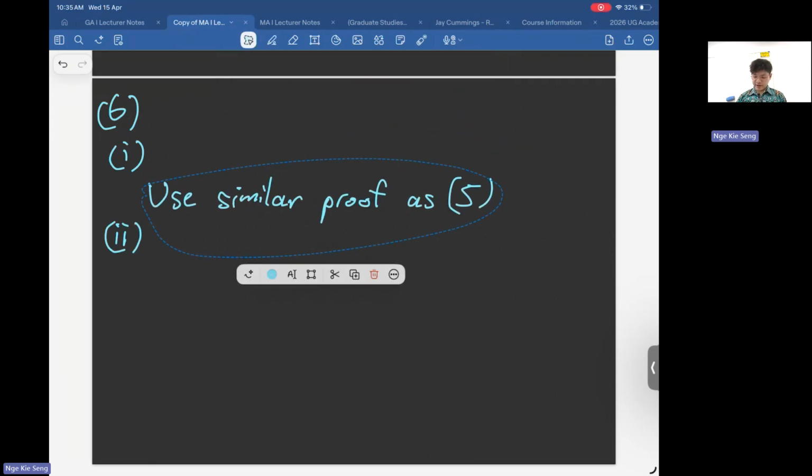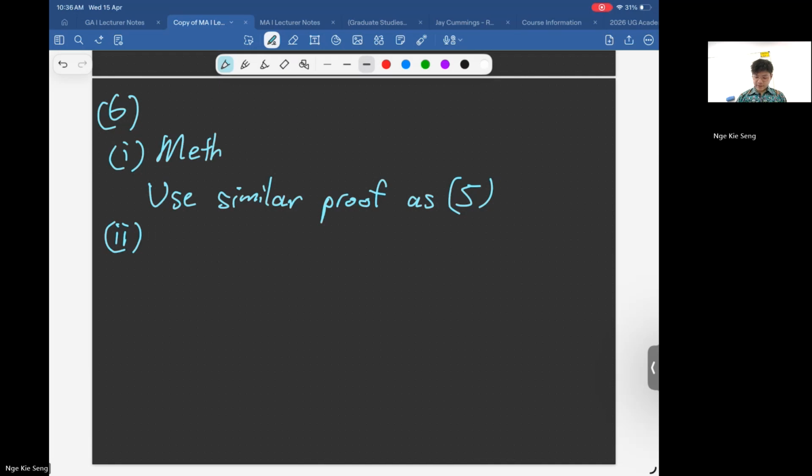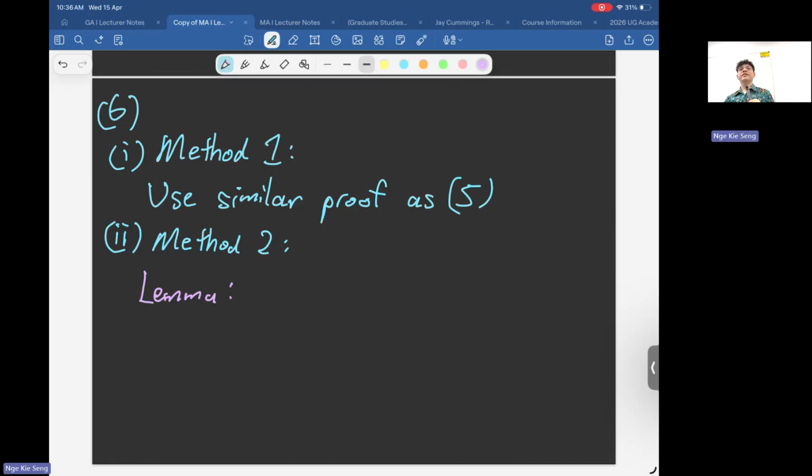Use the power thingy. Method 2 is you need to establish this lemma. I think this is what you know from high school as well. Is it if and only if that thing? I feel like if only. If then is enough.